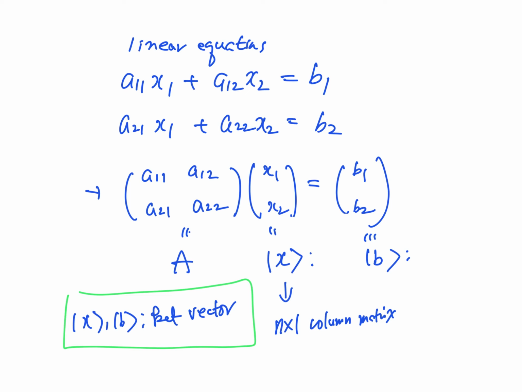For this matrix, if the determinant of A is non-zero, what happens? The inverse exists, right?